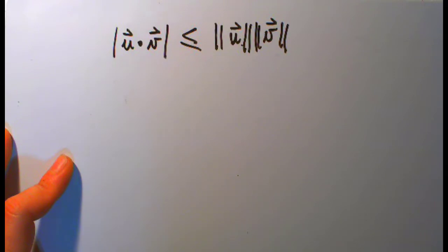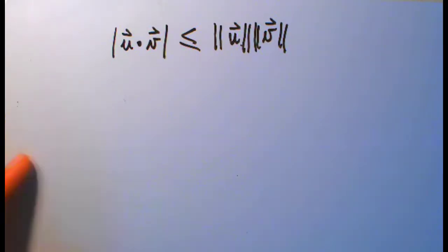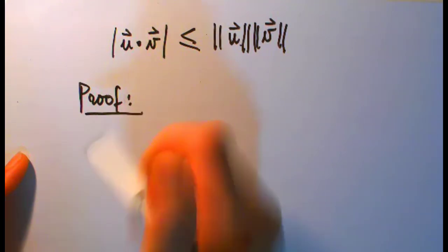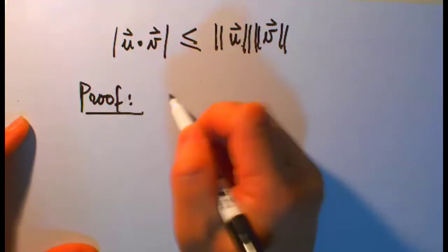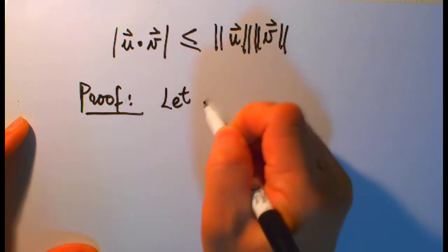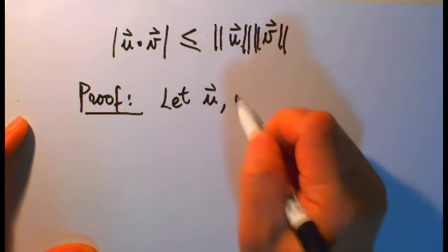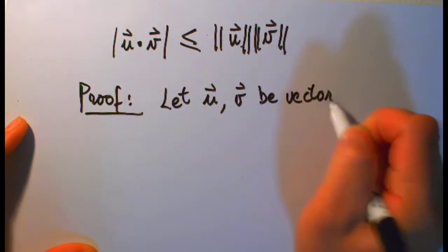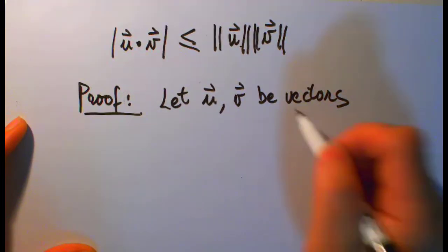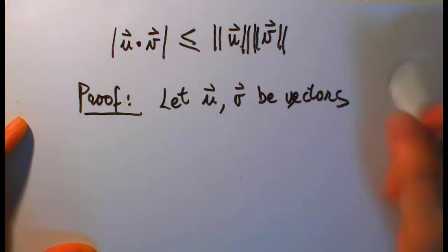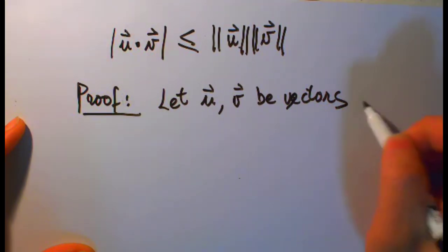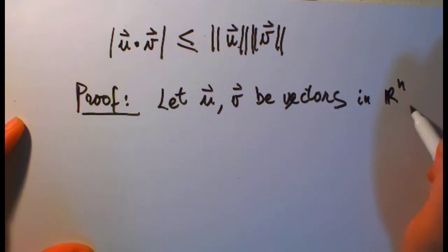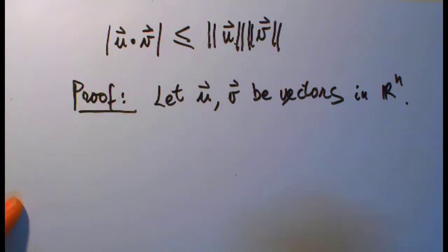And here's how I'm starting out with my proof. Let u and v be vectors. This proof can actually be generalized for vectors in Rn.